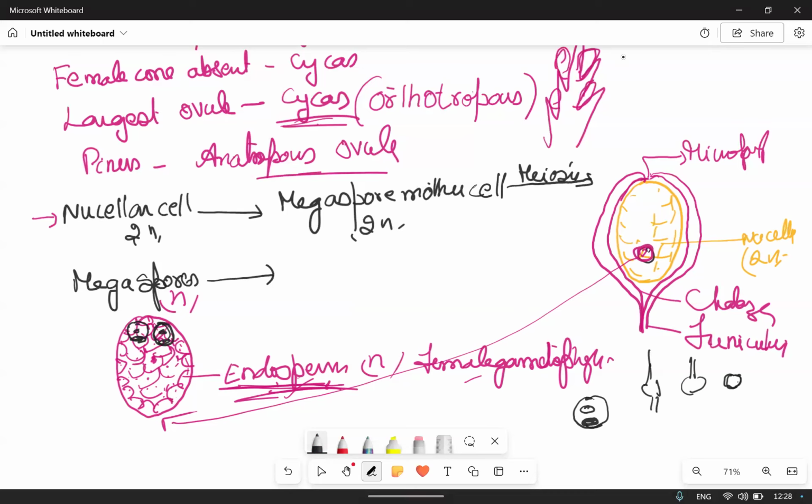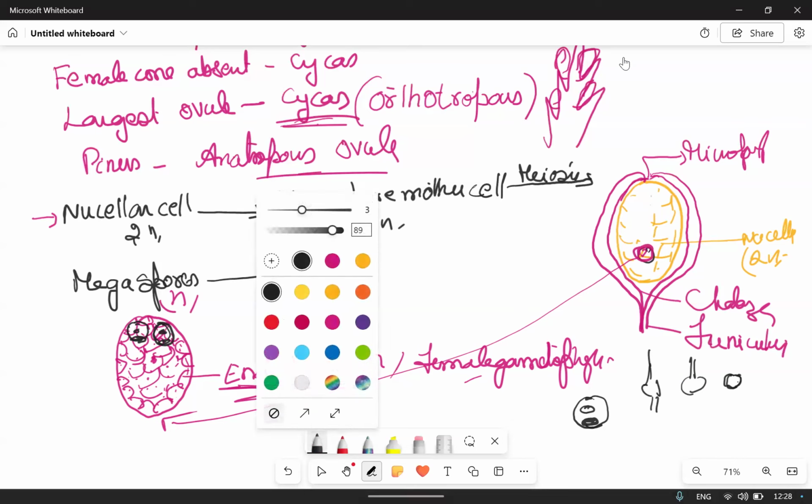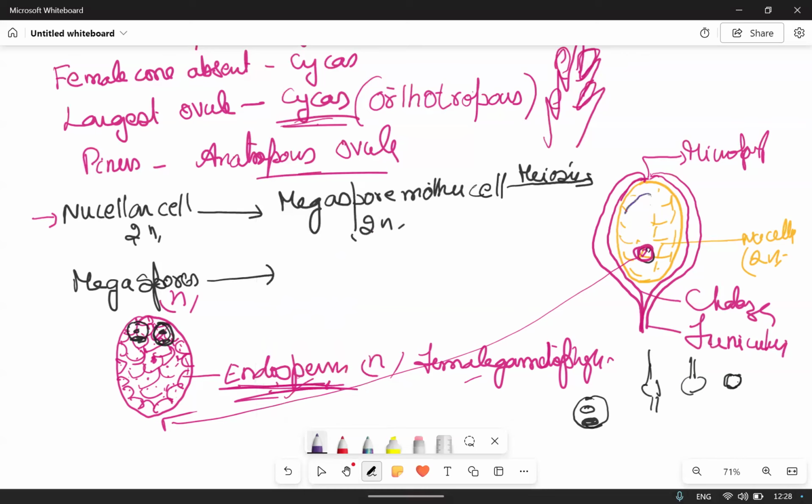So here inside the ovule it is all taking place. Remember, this is the endosperm.